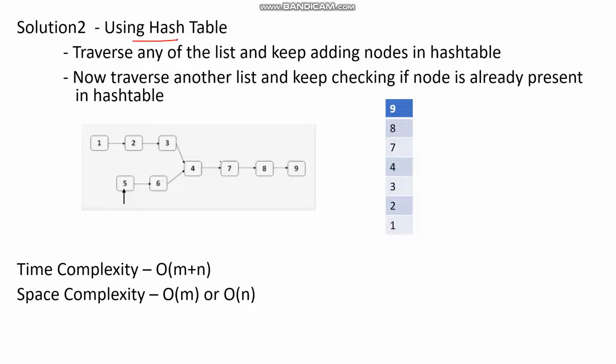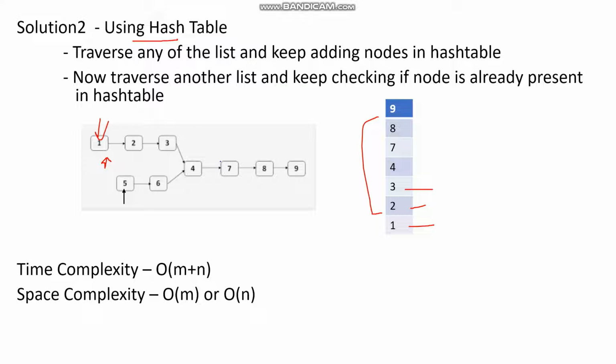So here is another solution for this problem using the hash table. In this technique we will be iterating one of the lists and preparing the hash set of its nodes. Say I am iterating the linked list 1 and I am putting all its nodes into the set, here 1, 2, 3.